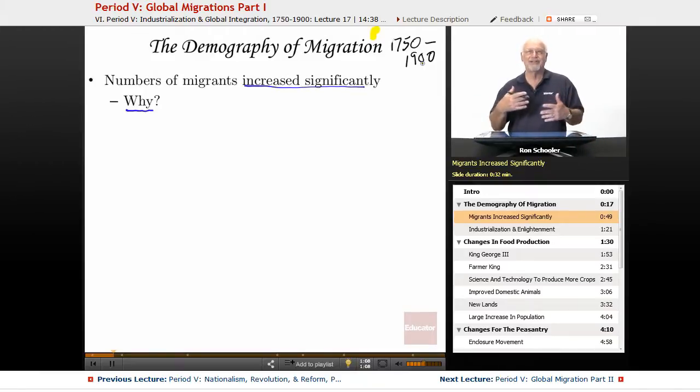What's the major thing that we're talking about that happens around 1750 that makes us say that that's a new era? Well, industrialization, yes, and the ideas of the Enlightenment. Okay, so let's take a look.